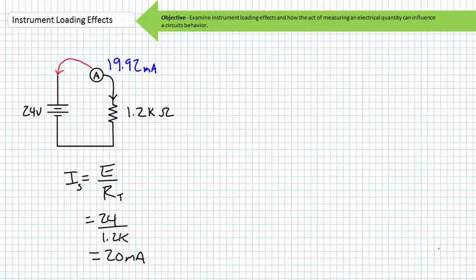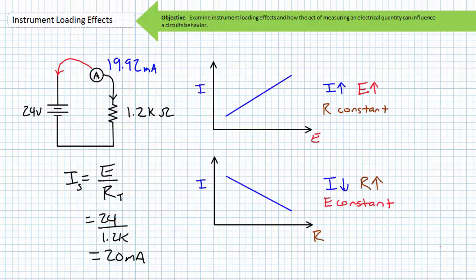Ohm's law is true. Additionally, Ohm's law can be used to predict the behavior of current for different voltage and resistance values. For constant resistance, if I increase the voltage, the current should proportionally increase. For constant voltage, if I increase the resistance, the current should decrease.